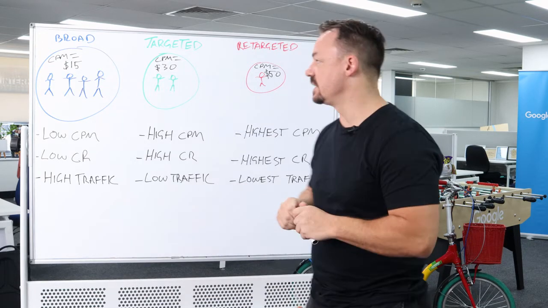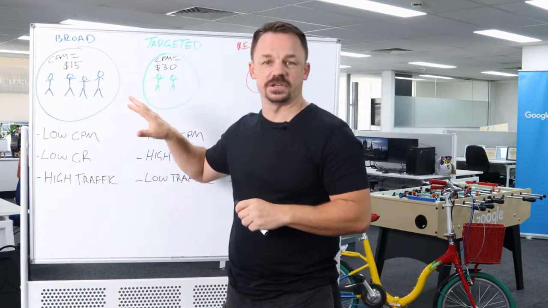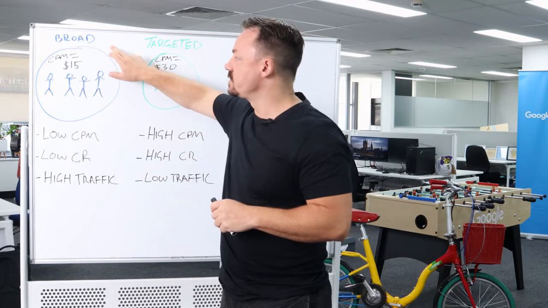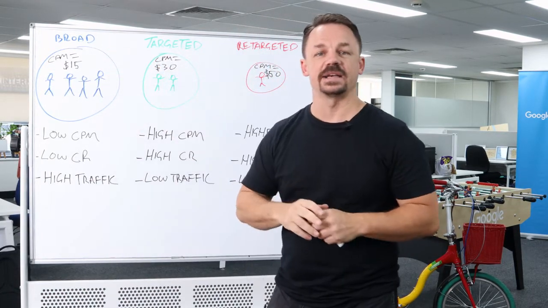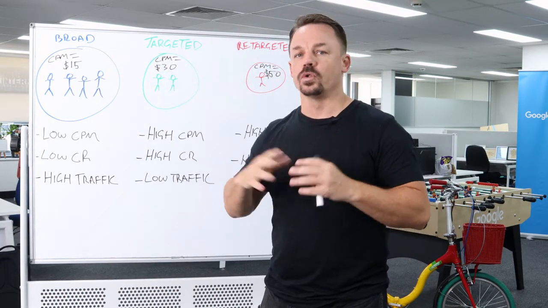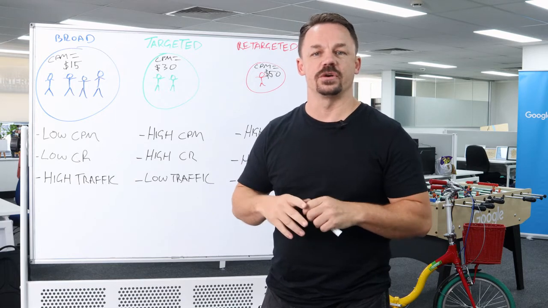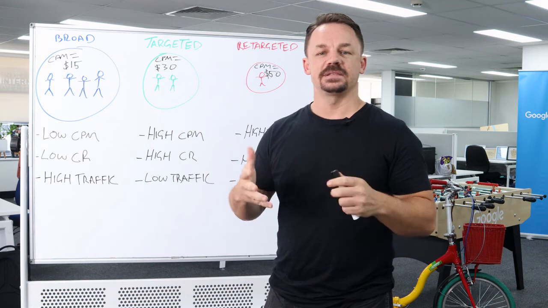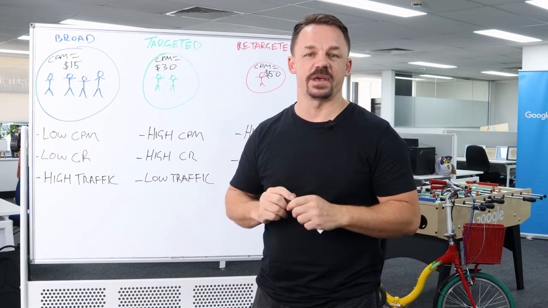But we'll go just quickly to different types of audiences that you can target and how that also affects your CPMs. So the first one here is a broad audience. This is where you're targeting a lot of people. It might be just all men or all women in a certain country, or all people over a certain age bracket or under a certain age bracket. This kind of audience typically can have millions of people in it.